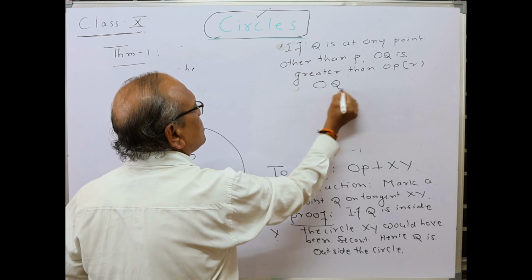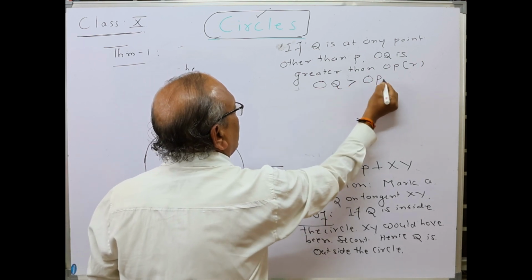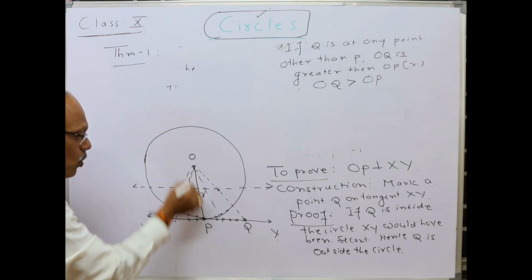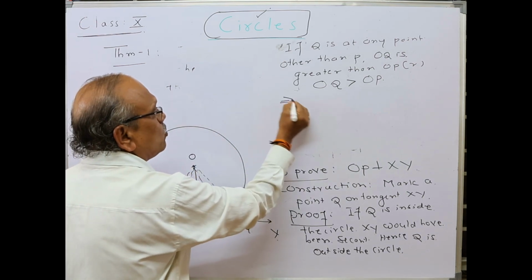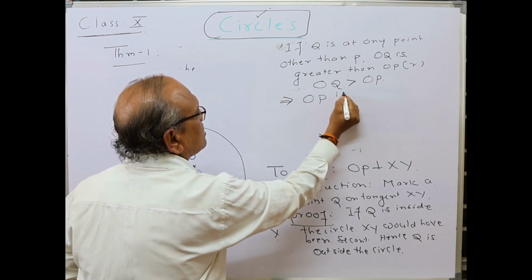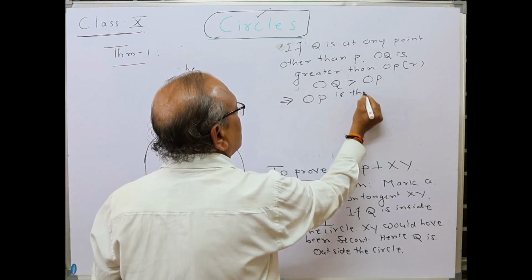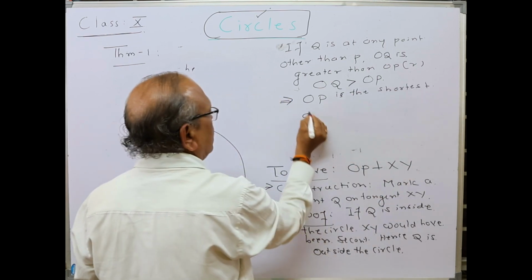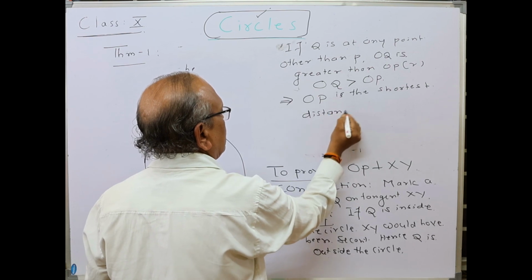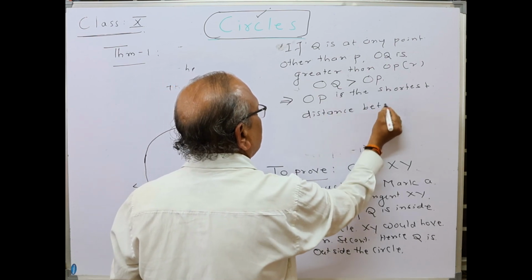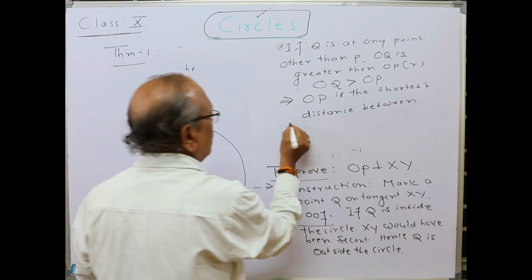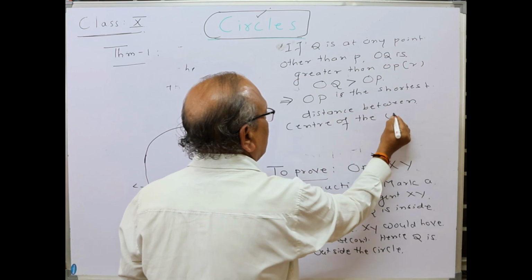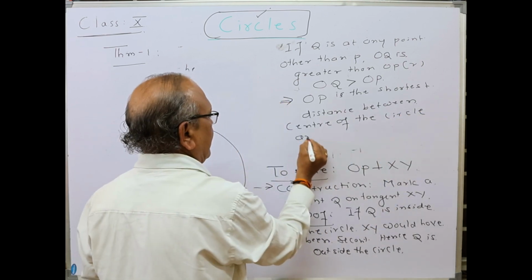Therefore, OQ is always greater than OP. Except P, all other distances are longer. This implies OP is the shortest distance between the center of the circle and the tangent.